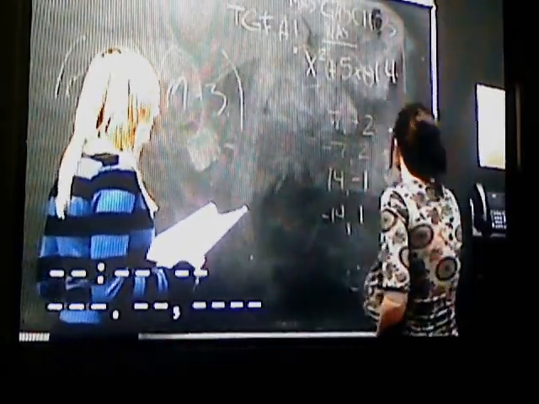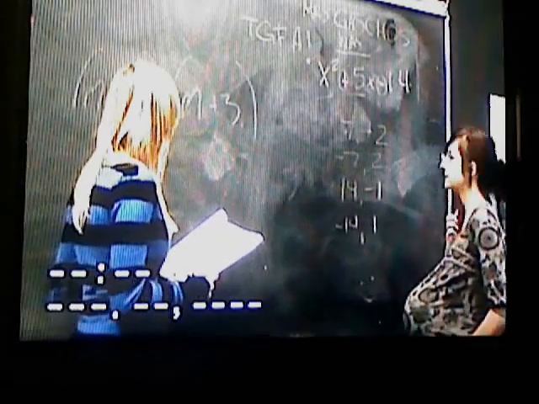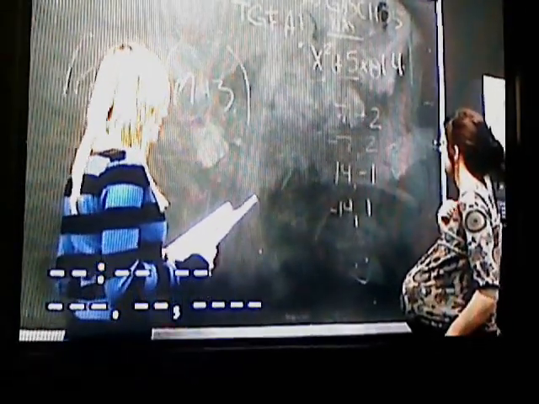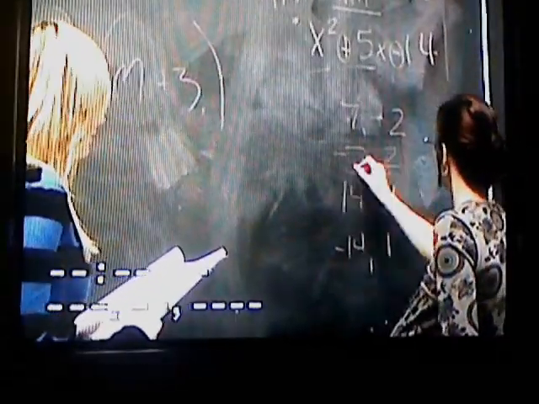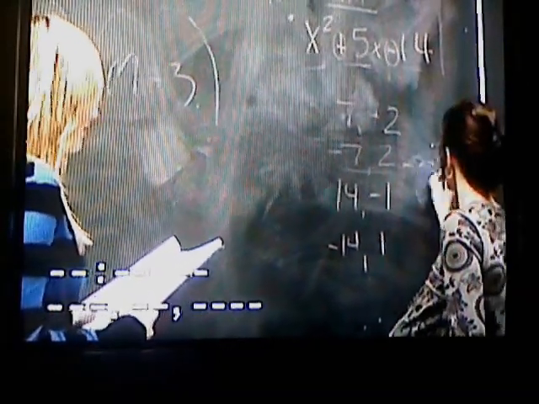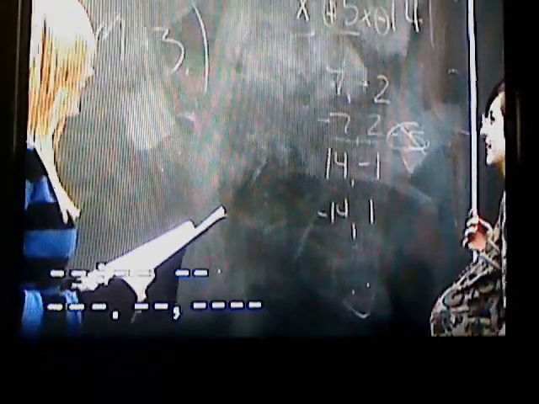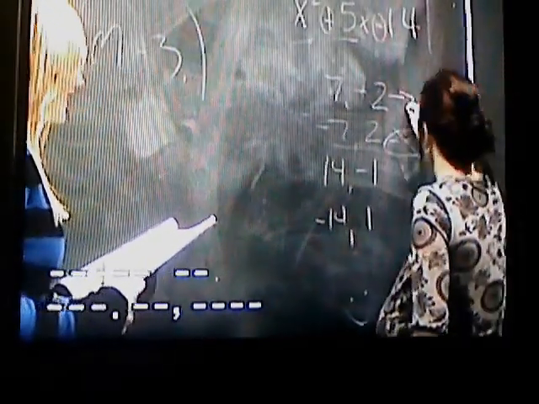And -14 and 1. Good job, Monica. You saw that this is plus and this is minus, so one of each has to be minus. Now, which one of these adds to make positive 5? 7, -2. Now let's see. -7 plus 2, that's -5. So that would not be it.